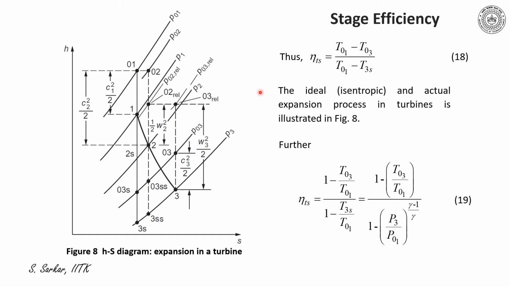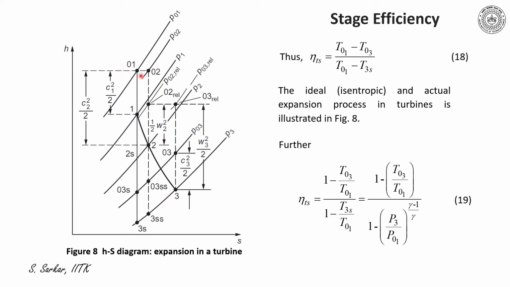The ideal or isentropic and actual expansion process in a turbine has been illustrated in figure 8 here. Please note that the total temperature at inlet to the nozzle and the total pressure are denoted as T01 and P01, so that enthalpy is H01.